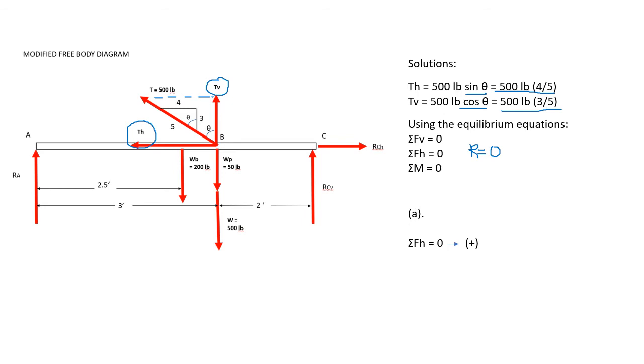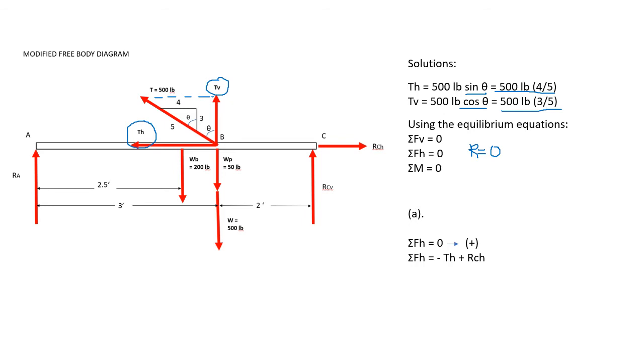The summation of the forces horizontal is equal to 0, taking forces to the right as positive. We summated the forces horizontal because notice that we only have two horizontal forces, which are the TH and the reaction at C horizontal.